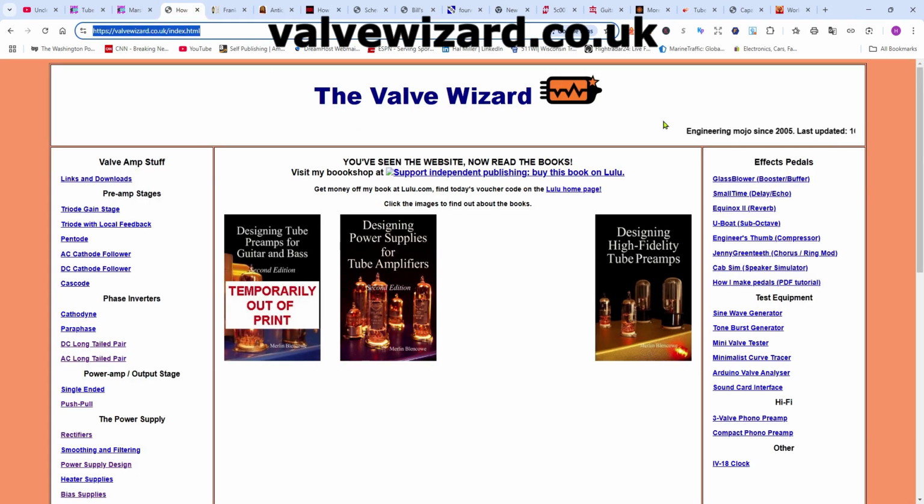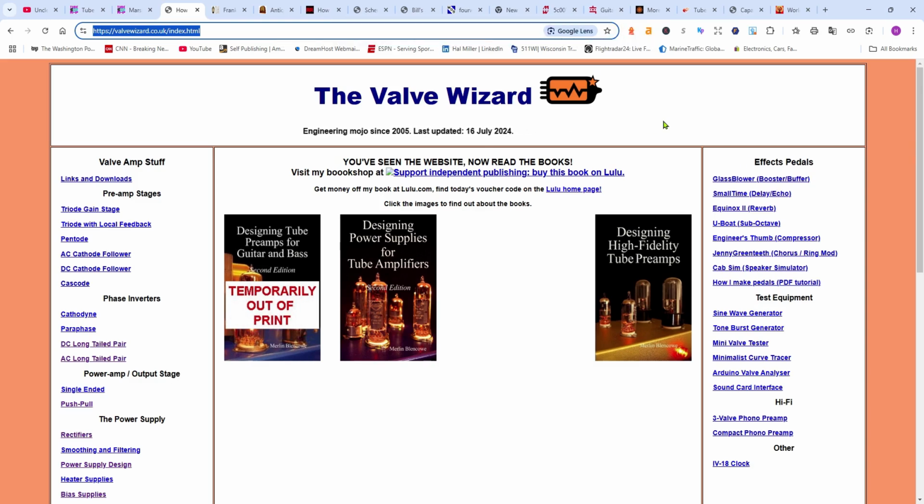Valve Wizard. This one's run by a guy named Merlin Blencow, and thank you to Merlin for all the information he keeps on the internet. Obviously he has some books that he sells, but here's his valve amp stuff on the left hand side, and he explains a lot of how tube amps work.